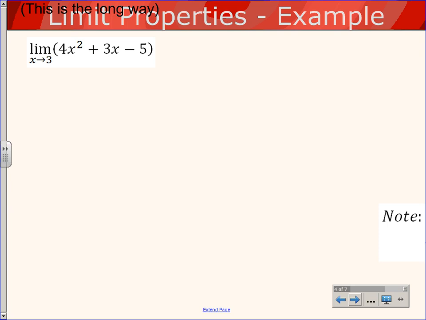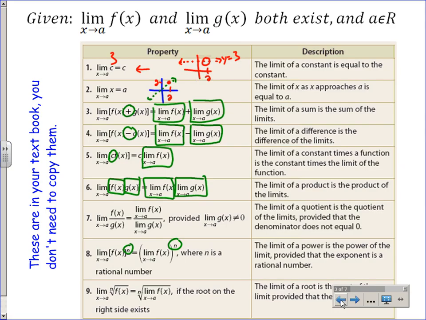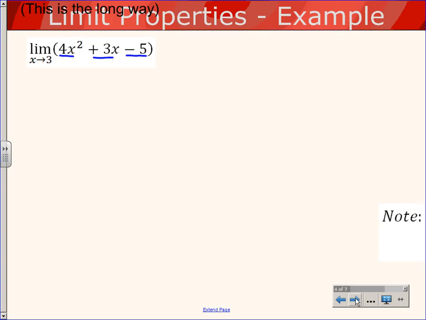Well, we can think of this as a function plus another function, take away a function. And remember, rule number 3 and 4 told us what I could do if I was adding and subtracting functions. I'm allowed to break this up into its parts.